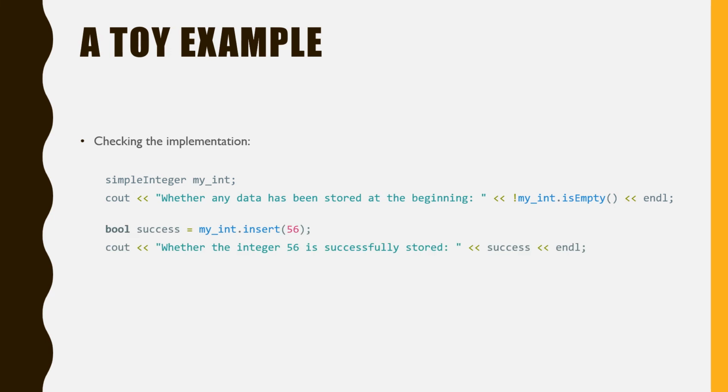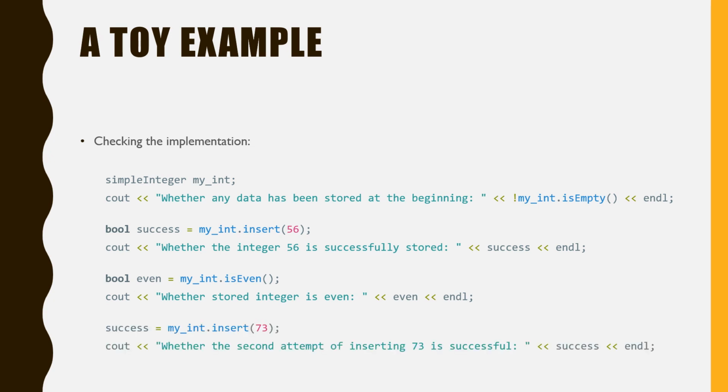Second, we will insert an integer 56 and check whether the insertion is successful. Third, we will check whether the data being stored, which is expected to be 56, is even. Finally, we will try to override the existing data with another integer 73 and check whether our data structure allows us to do so.